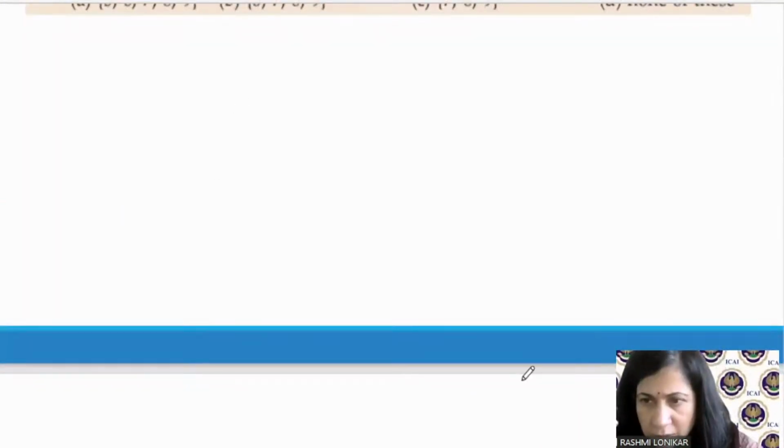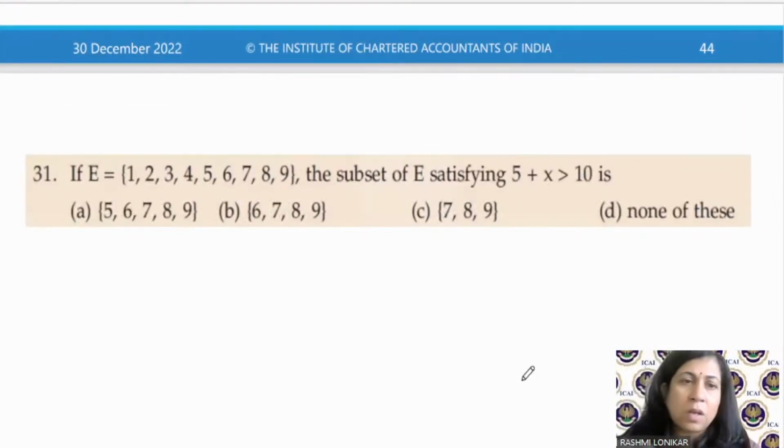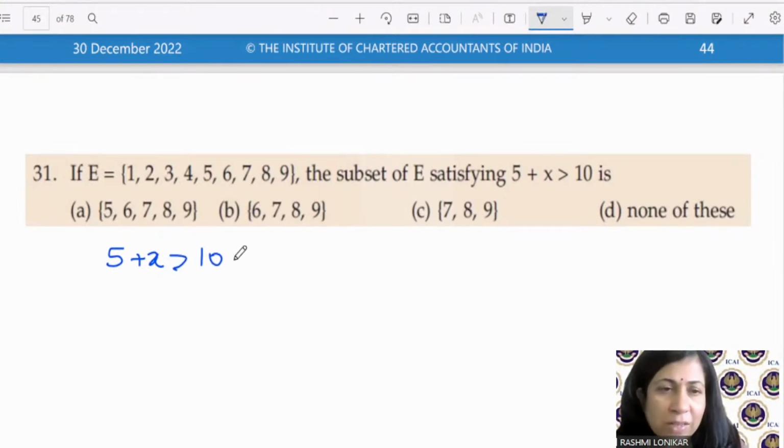Now let us take this sum. E is 1 to 9. The subset of E satisfying the equation 5 plus x greater than 10. So when will that happen? I know that 5 plus 5 is equal to 10, but the question is talking about greater than, and here you can see there are all integers.